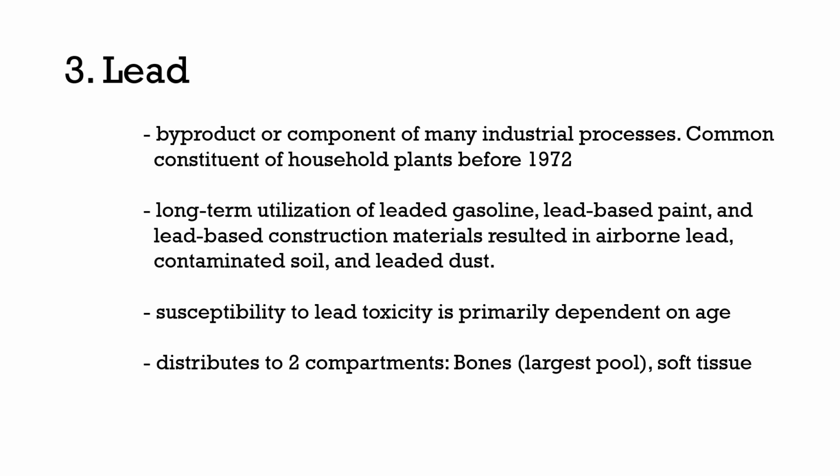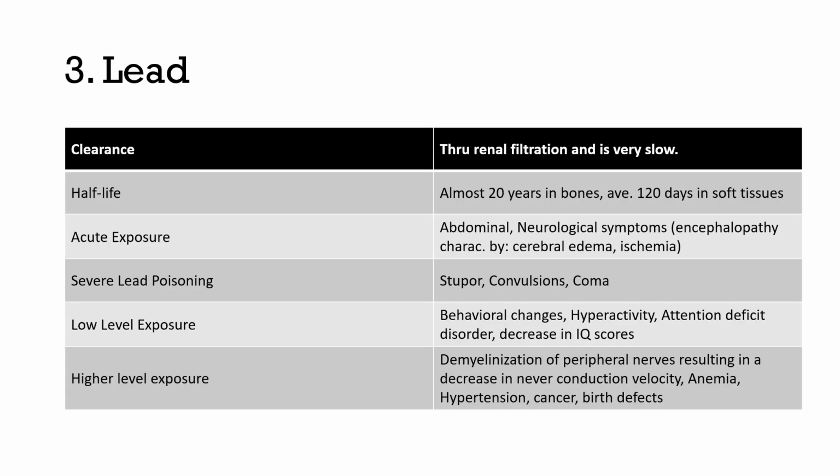Susceptibility to lead toxicity is primarily dependent on age, and it is distributed in two compartments, either through the bones, which is the largest pool, and also the soft tissue. Okay, clearance niya is through the renal system gihapon, and an acute exposure would give you abdominal and neurological symptoms such as encephalopathy, characterized by cerebral edema or ischemia.